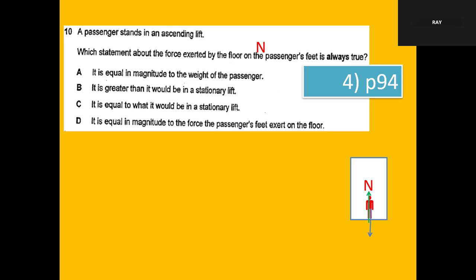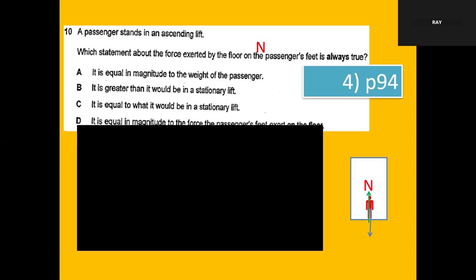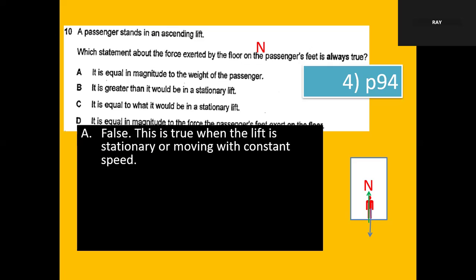So it's going up. Greater, B. Now, ascending doesn't tell you whether it's accelerating or at uniform velocity. So that's unclear. Equal in magnitude to the weight of the passenger, no. False. This is true when the lift is stationary or moving at constant speed.